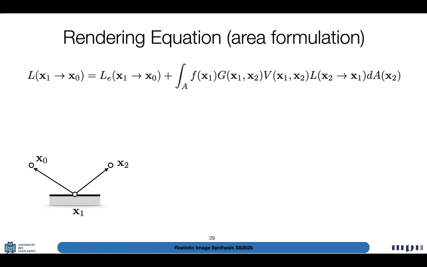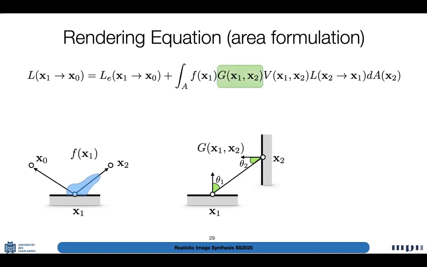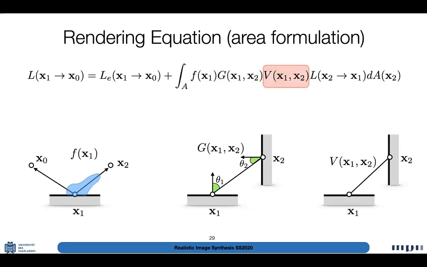Then the emittance going from x1 to x0, and you have the integral over the areas, where f is your BRDF term, and G is the geometric term, which takes care of the orientation and how one point interacts with the other. The third term is the visibility term, which tells you whether the next point is even visible from the query point. Then you go back to your recursion, where you have the radiance function going from x2 to x1, and the process continues.